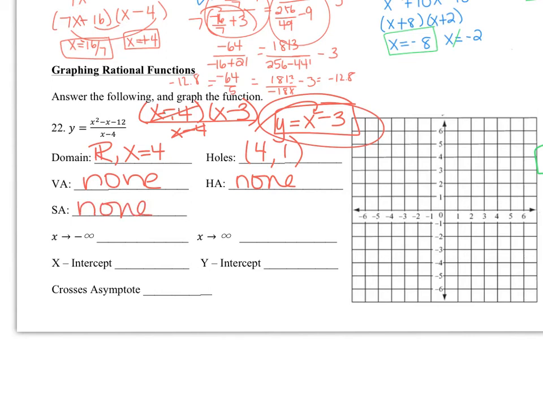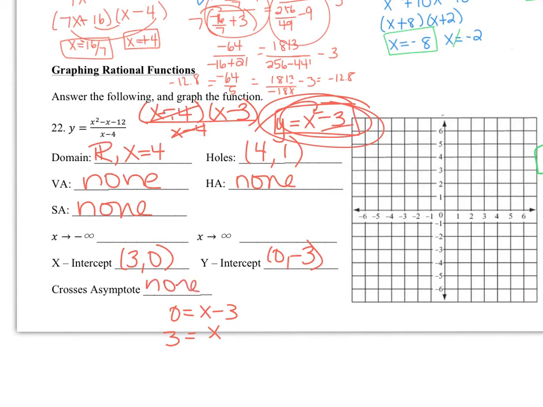My x-intercept, if I plug in 0 for y, x would equal 3. My y-intercept is negative 3 because it's y equals mx plus b form. I know b is my y-intercept. Crosses asymptote, I have no asymptotes on linear functions, so now I can go ahead and graph.